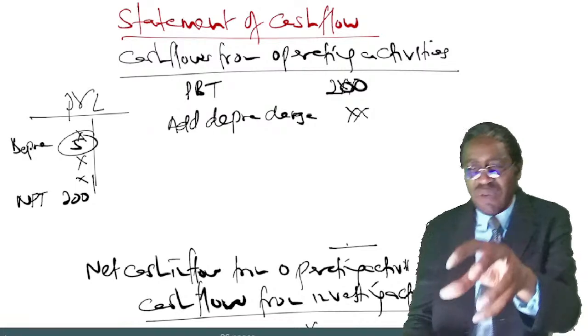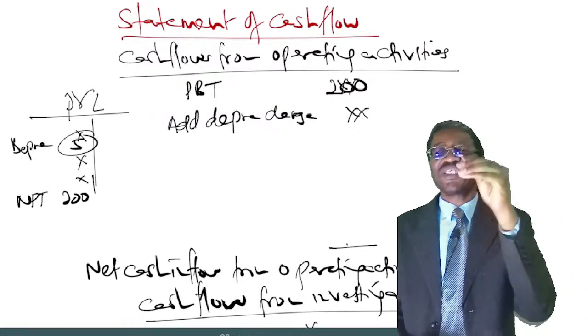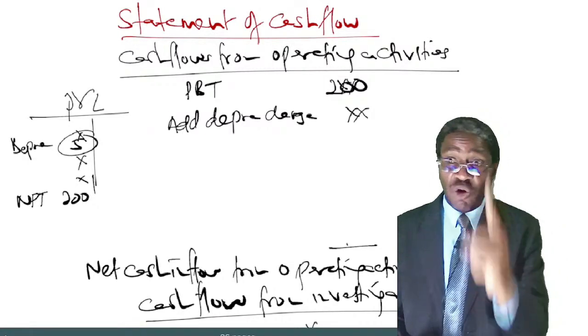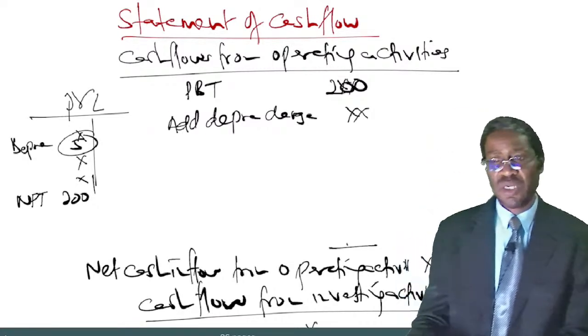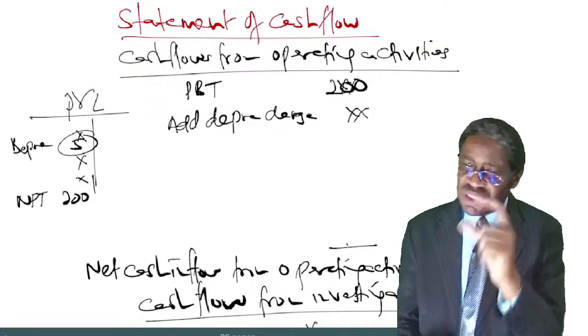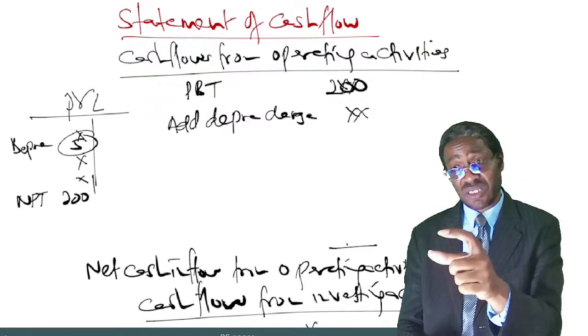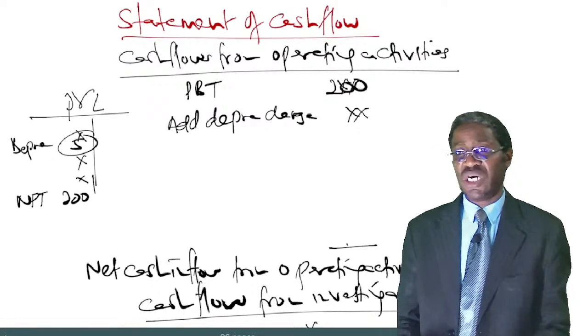Because by you debiting it in the P&L account, it overcosted expenses from the cash point of view. When expenses are overcosted, profit is undercosted. So to correct it, you add.